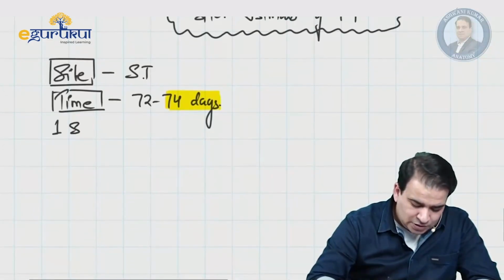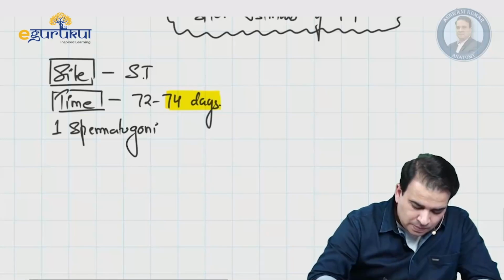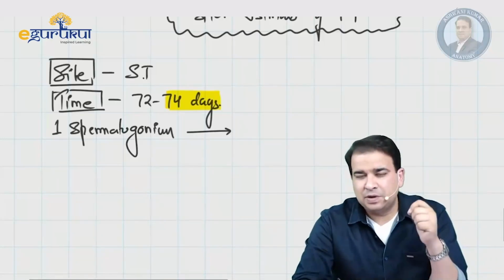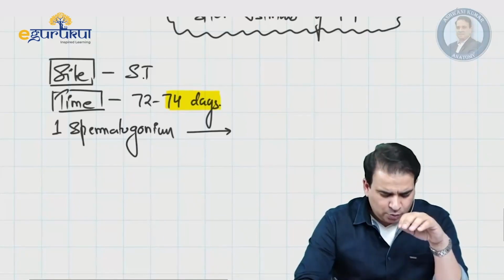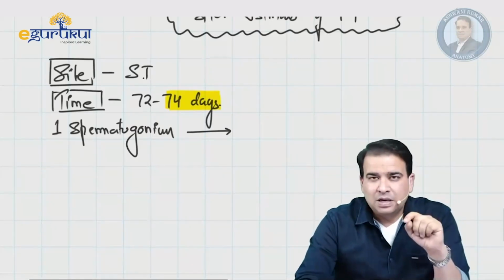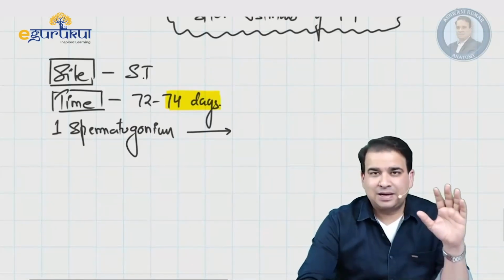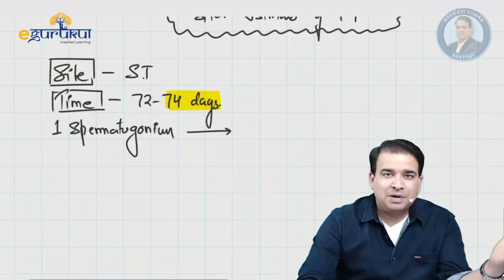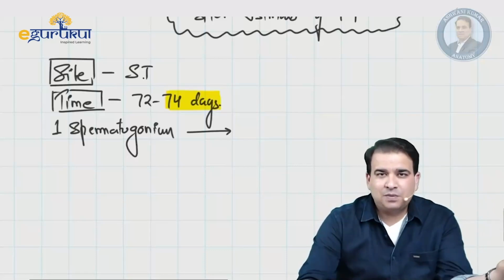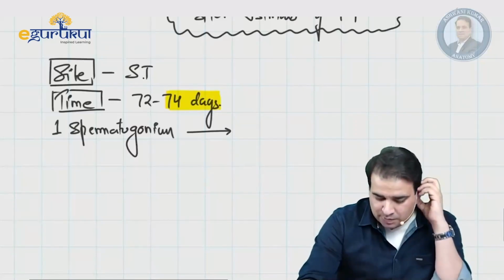And there's one more question here, that one spermatogonium will give rise to how many spermatids or spermatozoa? And I want you, guys, to be careful about this question, because it says one spermatogonium, not one primary spermatocyte. If it was one primary spermatocyte, the answer is quite obvious, 4 only. One primary spermatocyte will give rise to 4 spermatid or spermatozoa.